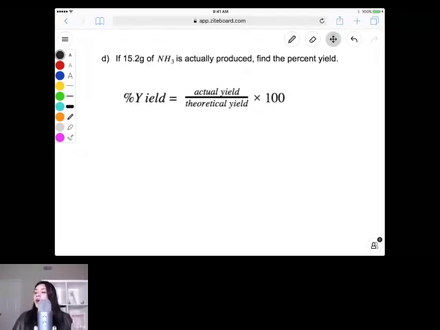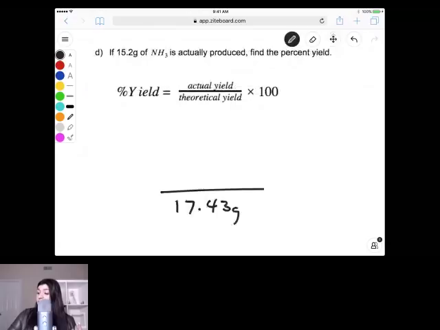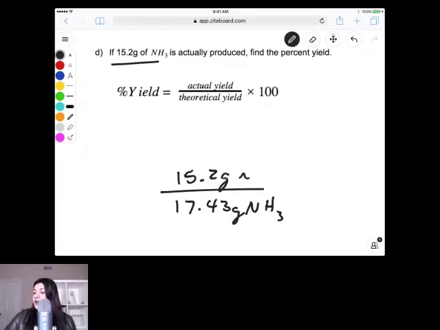So we found that our theoretical yield would have been that 17.43 grams of NH3. The actual yield is typically given to you. So that's what's given to us in this question. We have 15.2 grams of NH3. This is all going to now be multiplied by 100. So this is our percent yield formula.